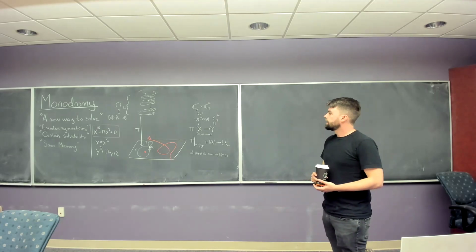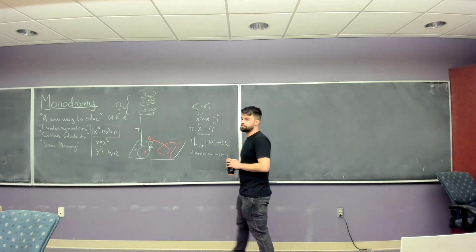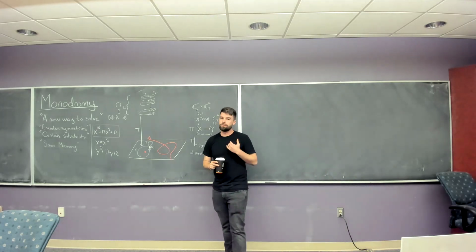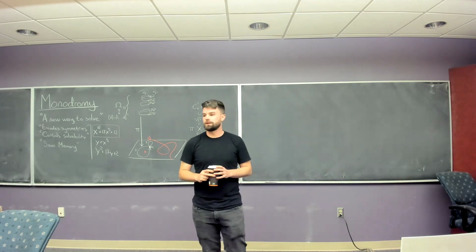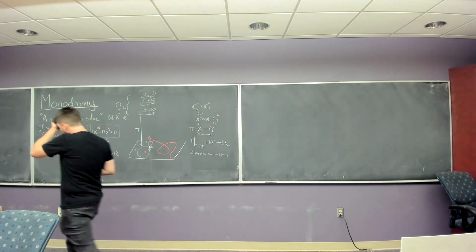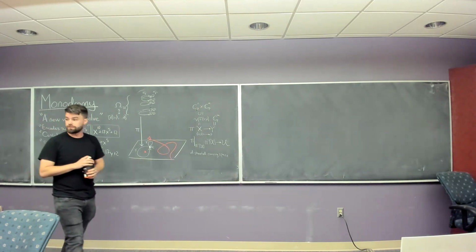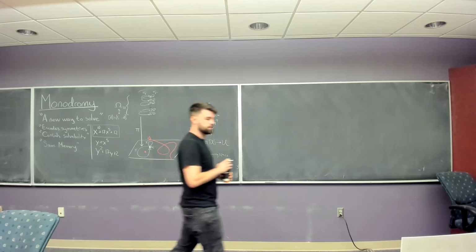And this idea of monodromy is still being developed in the research, so I don't believe it has been fully taken advantage of. I'll talk a little bit about one of my recent papers where we use this concept of monodromy to reduce memory requirements for storing solutions to polynomial systems.